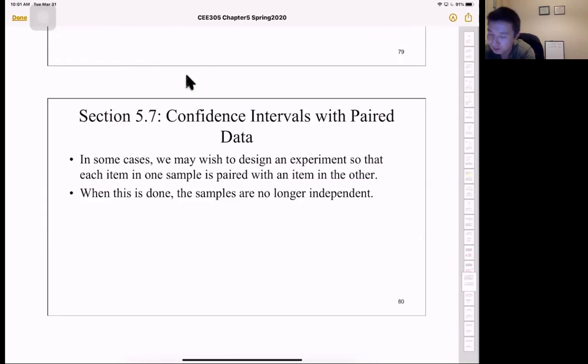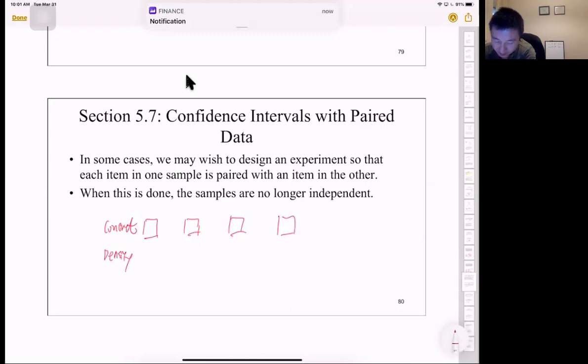For example, let's say we have several concrete specimens. For each concrete specimen, we measure two different things. One is the density, the other one is the strength. So we measure density and strength for different samples, 1, 2, 3, 4.